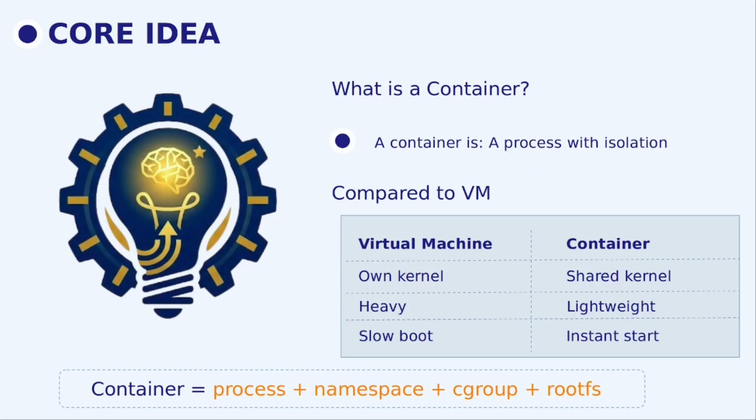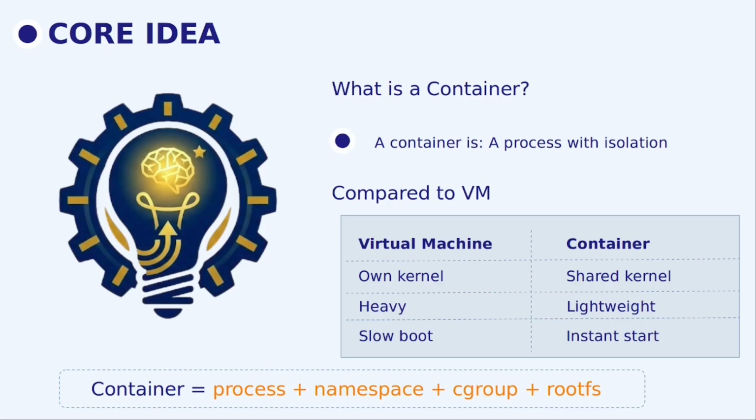Core idea. What is a container? So what exactly is a container? At its core, a container is just a process with isolation. That is it, nothing more. Let's compare it with a virtual machine. A virtual machine has its own kernel, very heavy. A container shares the host kernel, very lightweight.